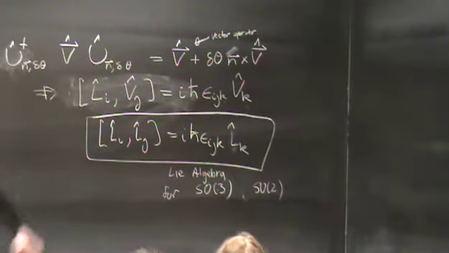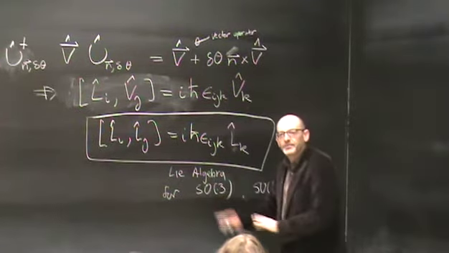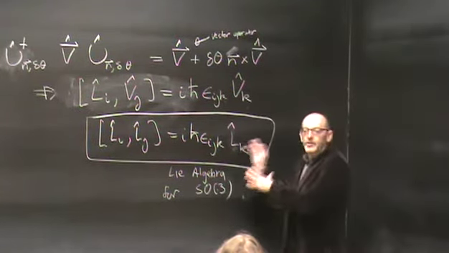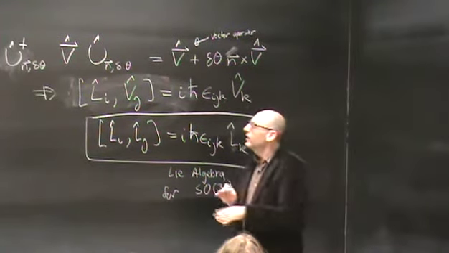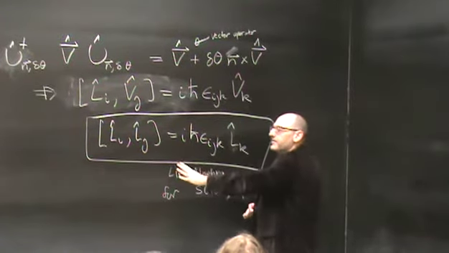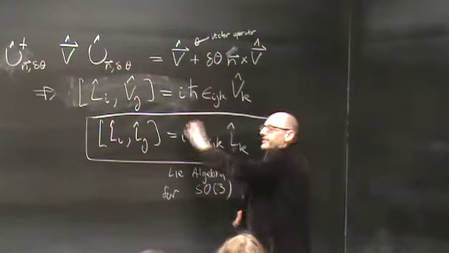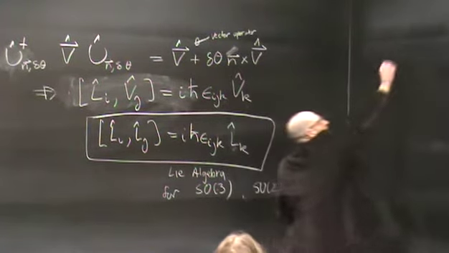But for now, it doesn't really matter whether we're talking about SO3 or SU2. This is a Lie algebra. And we're going to just say, let's now consider the eigenvectors and eigenvalues of operators which satisfy this algebra. Okay? So, abstract.